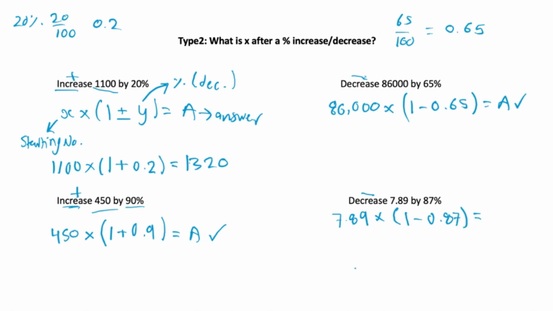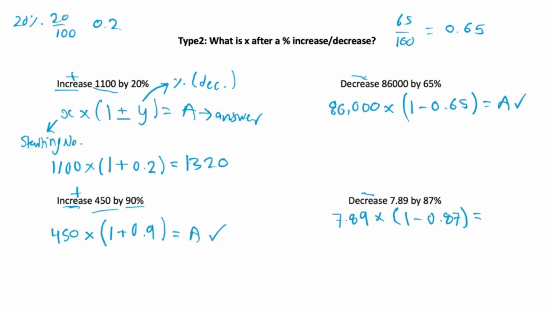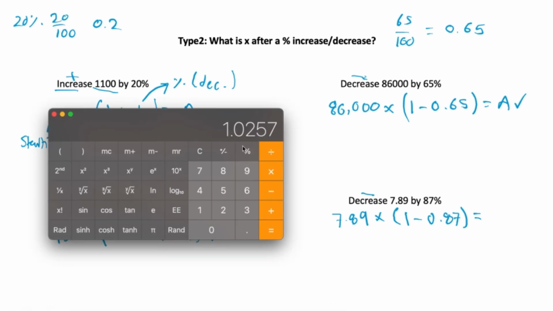Let me grab my calculator. 7.89 times 1 minus 0.87 is 0.13. The answer is 1.0257.